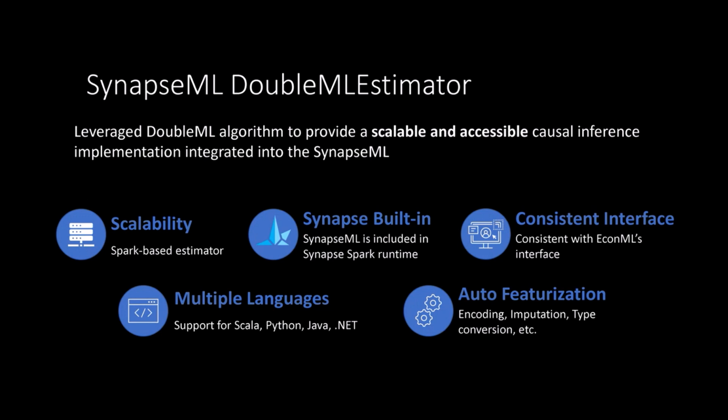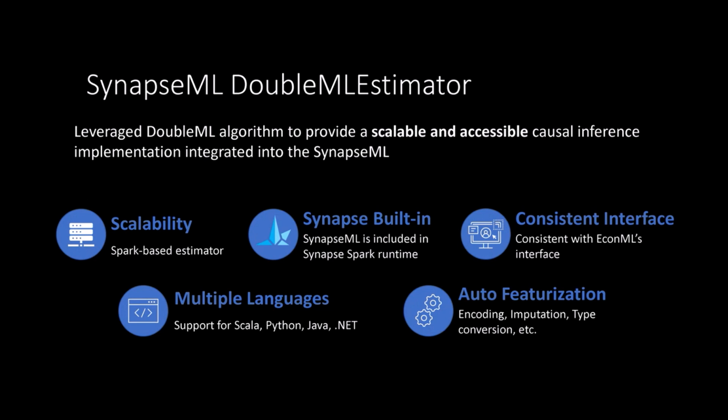Since SynapseML is a built-in component of Synapse Spark runtime, you can use DoubleMLEstimator in Synapse Workspace without any additional setup. And thanks to the SynapseML AutoML feature, the API will do some featurization work for you on your data before fitting the model, such as encoding and imputation. Lastly, the consistent interface with EconML is easy to use for both data scientists and developers.